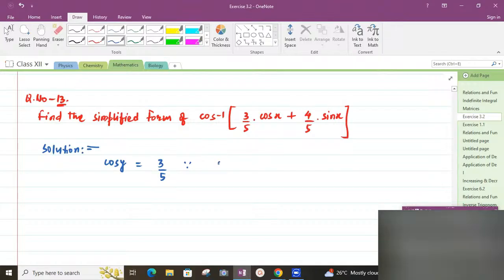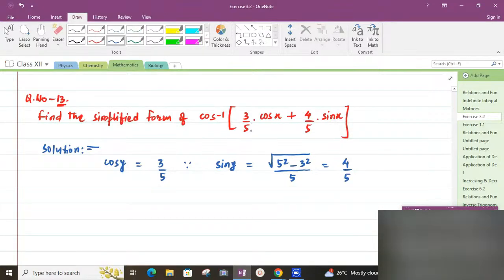Therefore, sin y equal to, we know that cos theta equal to b by h, therefore sin theta will be p by h. We find p: square root of 5 square minus 3 square, by 5. Then 25 minus 9 equal to 16, and the square root of 16 is 4. So here will be 4 by 5.